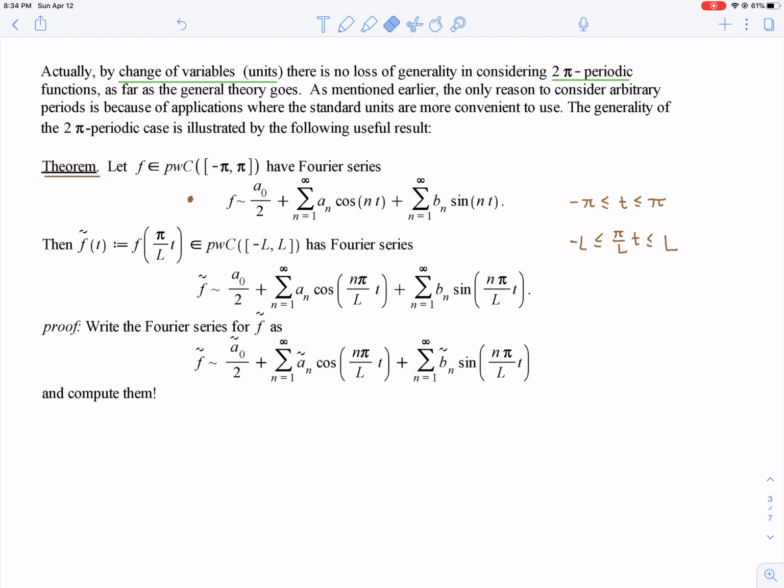Correspondingly. So, look, I didn't say that very well. So, if the arguments are going from minus pi to pi, then if we want a function where the variables are going from minus L to L to be periodic, we would want to rescale the t variables from minus L to L by multiplying them by pi over L t.